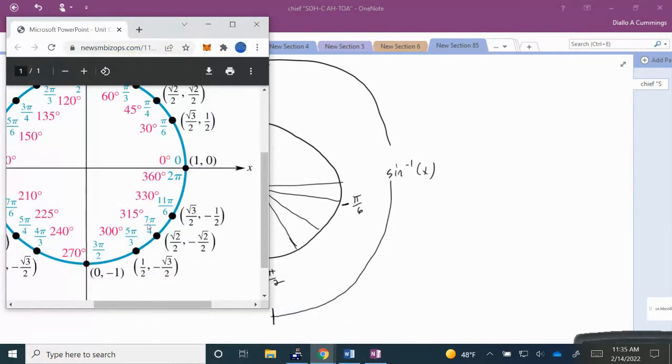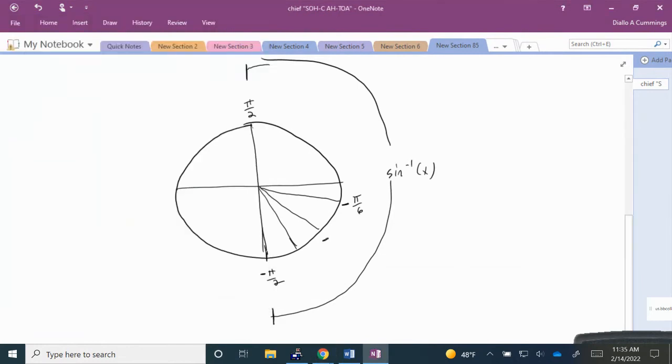Next, we have 315 degrees, which is actually negative 45 degrees, so that's negative pi over 4. And then we have 60 degrees or negative 60 degrees, which is negative pi over 6. Excuse me, that's negative pi over 3.